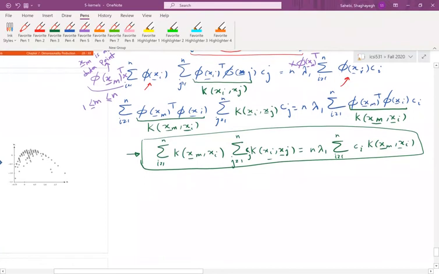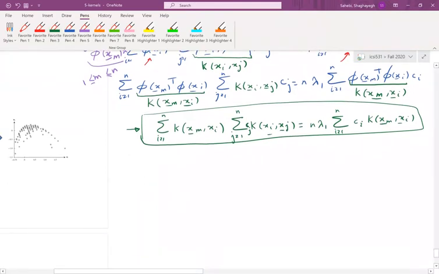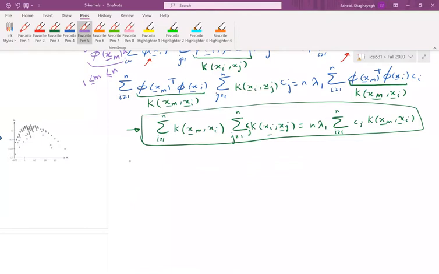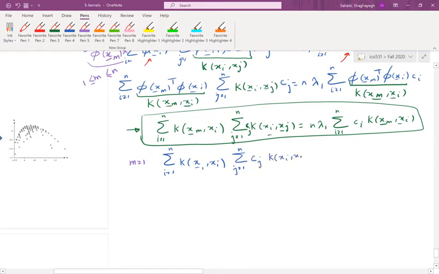So for example, our system of equations are going to look like this. For m equal to 1, I'm going to have summation i equals 1 to n, k(x1, xi), sigma j equals 1 to n, cj k(xi, xj), equals n lambda 1, summation i equals 1 to n, ci k(x1, xi).